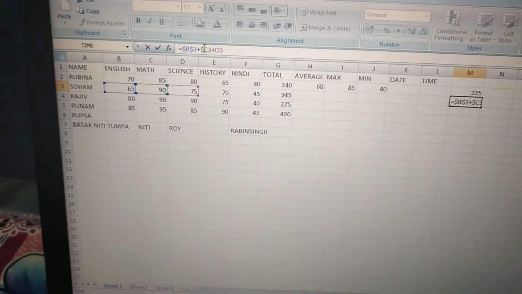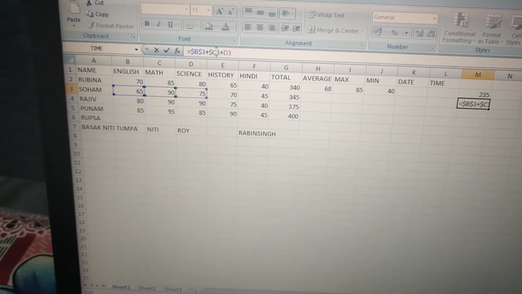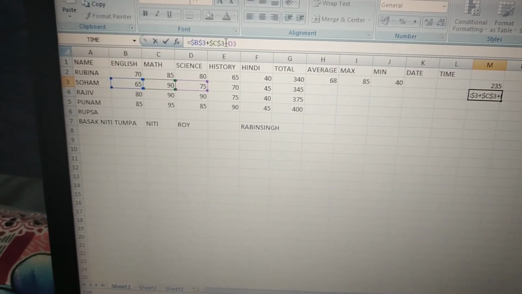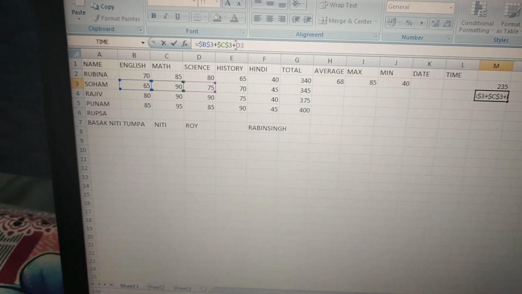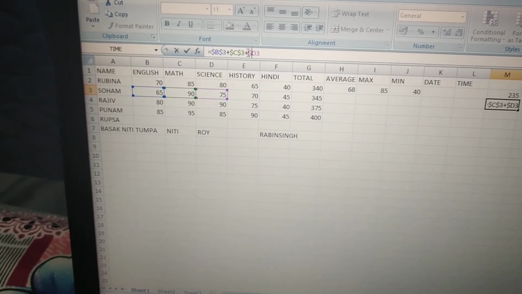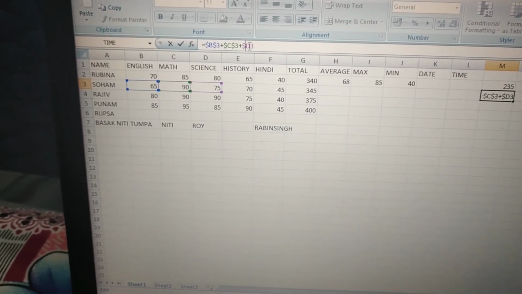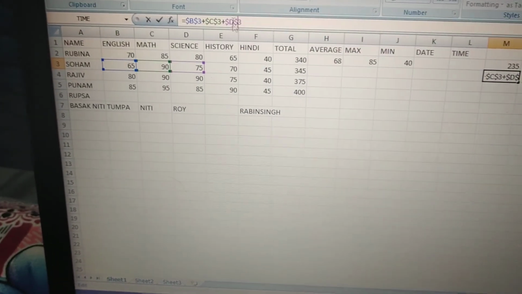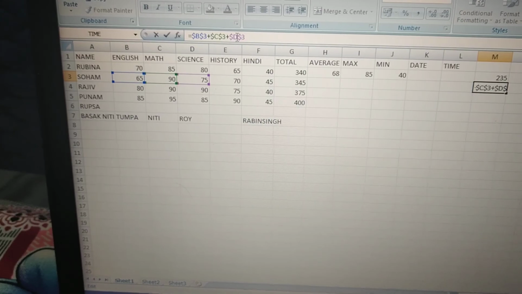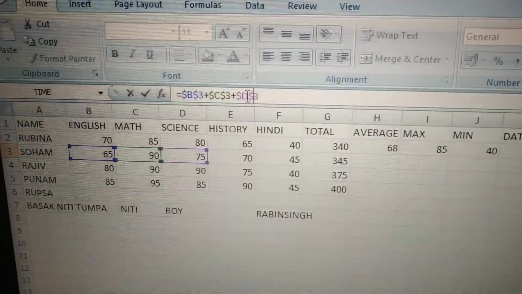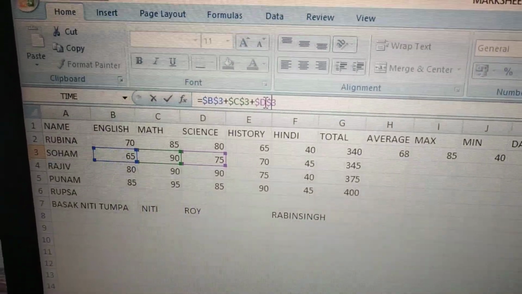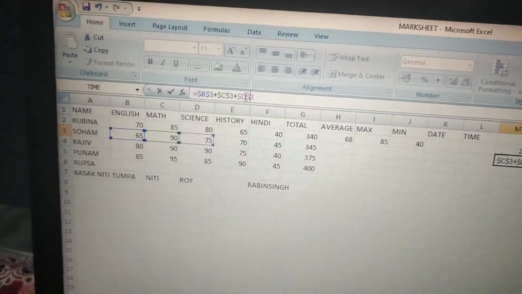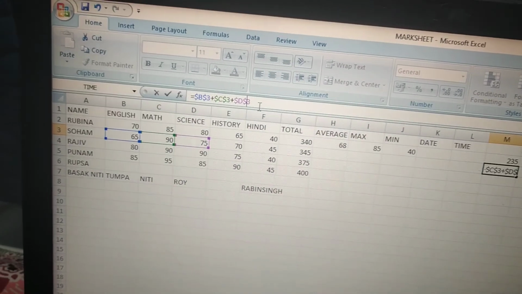Dollar, again dollar, again dollar, again dollar. So see carefully: $B$3, $C$3, $D$3.